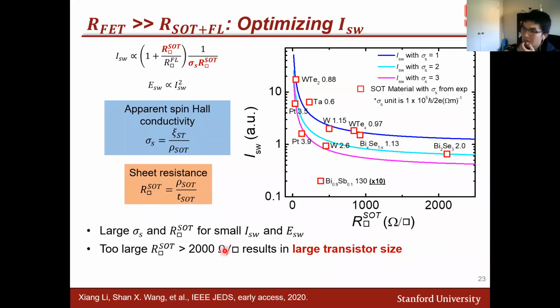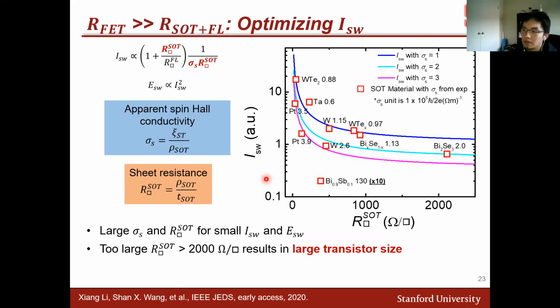So when it's very large, larger than 2000, actually all the switching current decrease, but the transistor drive, meaning the current that the transistor can provide, actually drops even faster. And in that case, you need more fins or a larger transistor to do this, right? So you're sacrificing energy with density. And this is a trade-off we need to think about.